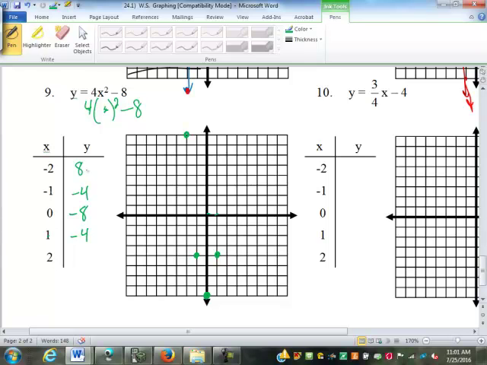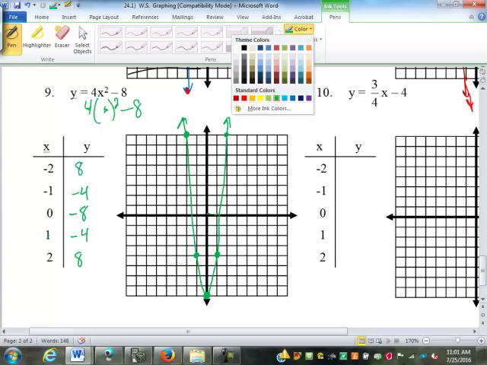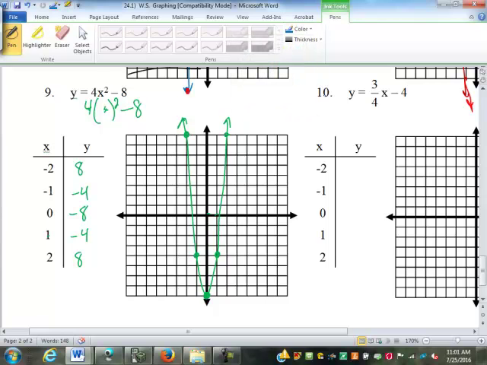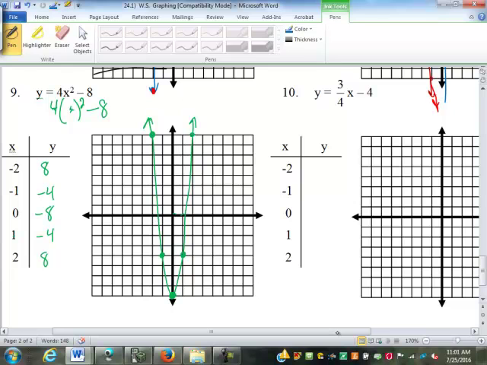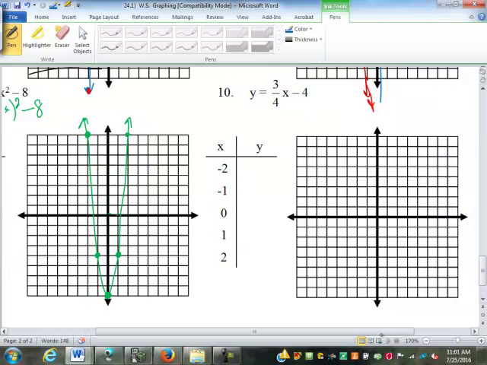If I put in 2, 2 squared is 4. 4 times 4 is 16. Minus 8 is 8. Right there. We get that parabola, that U shape again. I know I went through that kind of fast, but you can go back through the video and slow that down if you need to.